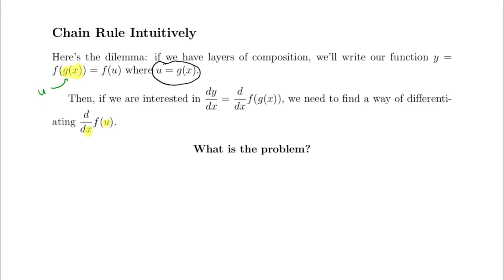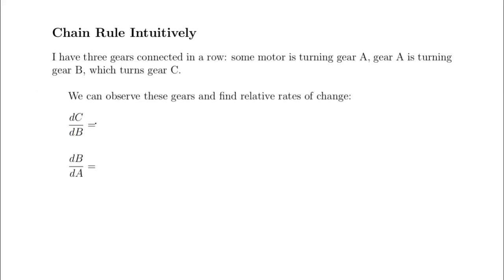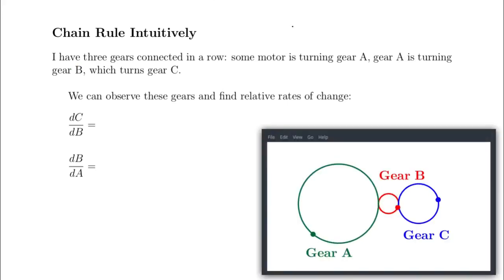So here's what we're going to be looking at. I'm going to pull up a little animation of some gears. We've got 3 gears connected in a row. We've got some motor turning gear A. Gear A is turning the red gear B, and then by them being linked together, that's turning gear C. So we have these 3 gears linked together turning each other.